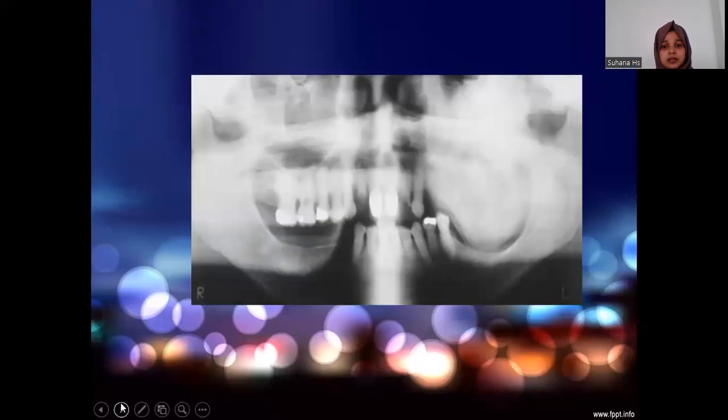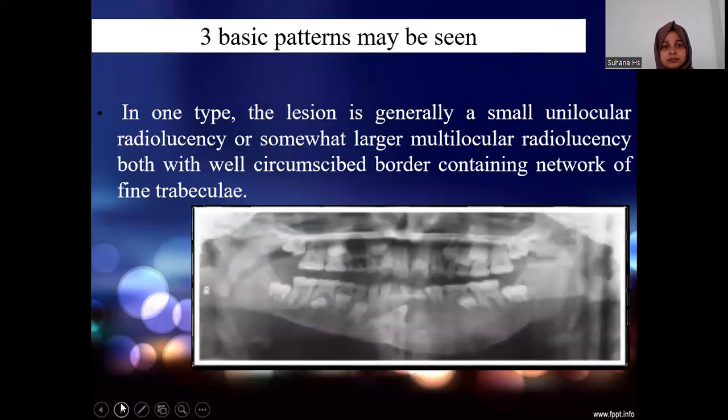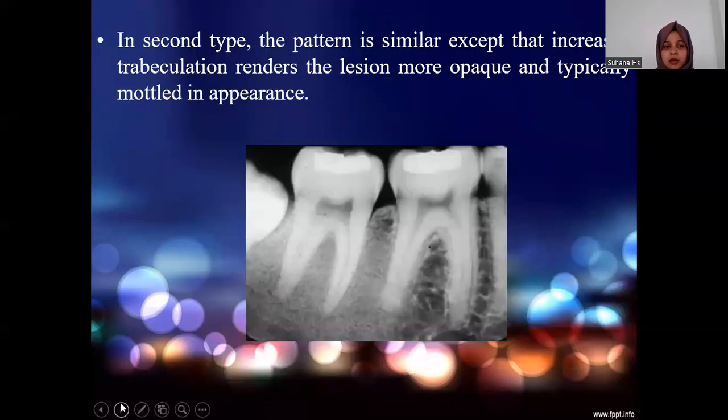Here is a picture showing the radiolucency of that lesion. There are three basic patterns that may be seen. In one type, the lesion is generally a small unilocular radiolucency or a somewhat larger multilocular radiolucency. Both will have a well-circumscribed border containing a network of trabeculae.